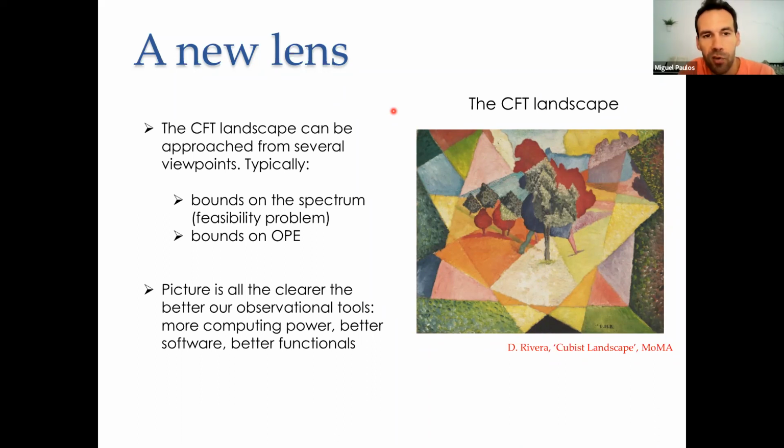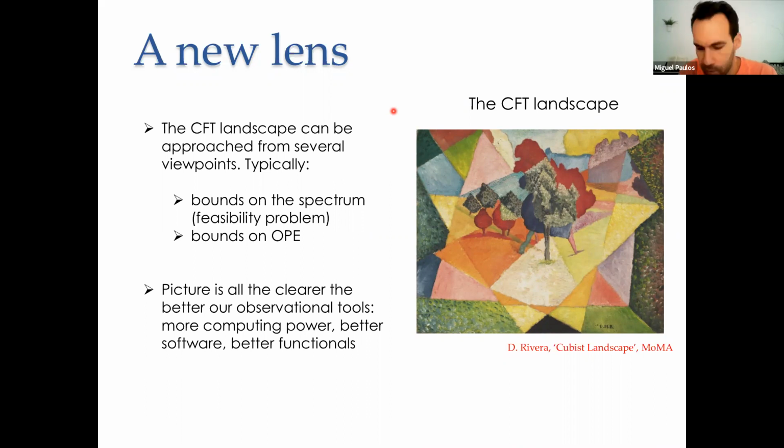Or if you're in a region where the problem is feasible, where you know that there are CFTs, then you can probe this, move around in this space, by asking, for instance, what is the largest coupling of some fields among themselves until you reach a boundary. So typically bounds on OPE coefficients. And of course, this fractured picture of the landscape is all the clearer, the better our observational tools.